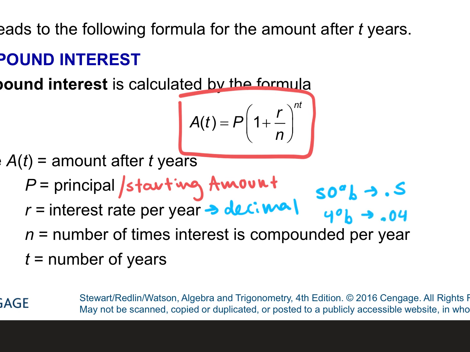Just 0.04. You just move the decimal twice. So don't forget, the interest rate is the decimal version of it. N is the number of times interest is compounded per year. So that's the number of times each year. And then T is the number of years.